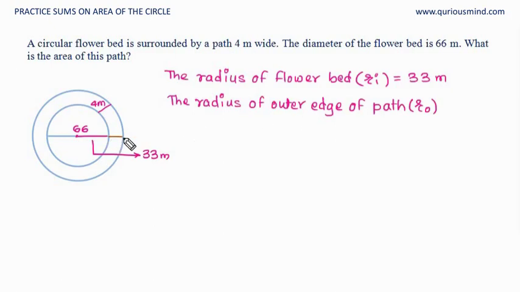The radius of outer edge of the path, we'll call it Ro, that is equal to this 33 meter plus 4 meters, which is 37 meters.